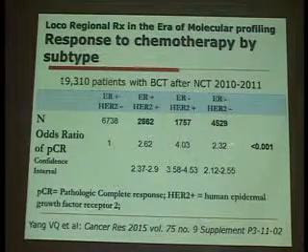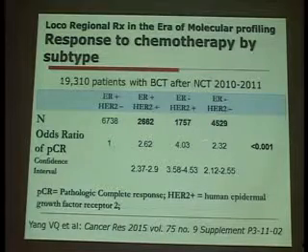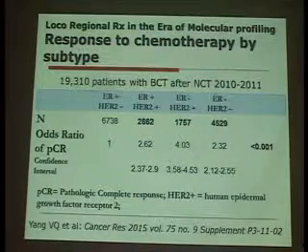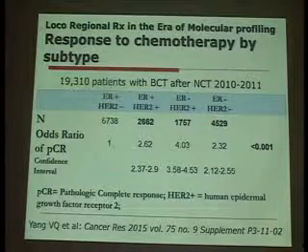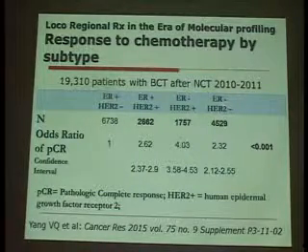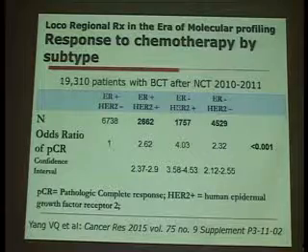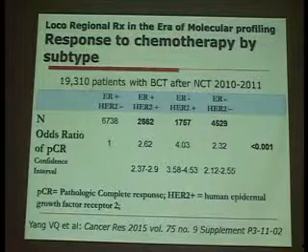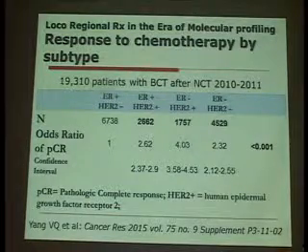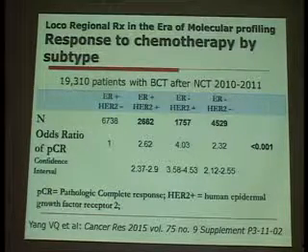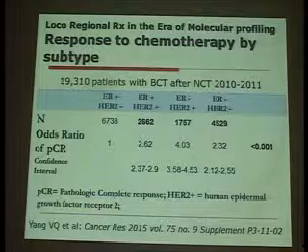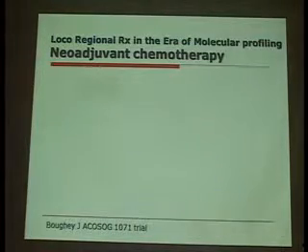Those who are triple negative achieved pathologic complete response 2.3 times compared to those who are ER positive HER2 negative, and those who are ER negative HER2 positive, 4 times the rate of pathologic complete response. So how would that pathologic complete response impact on our surgical decision?